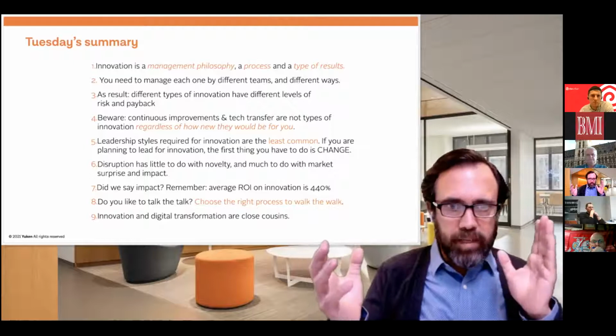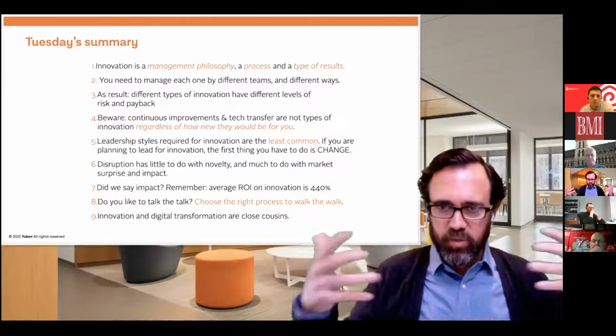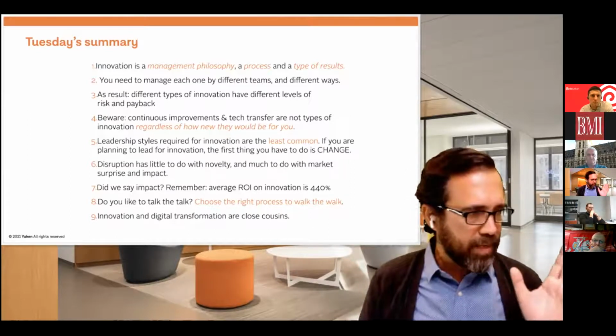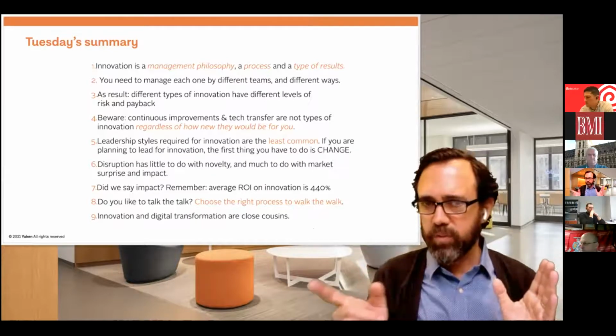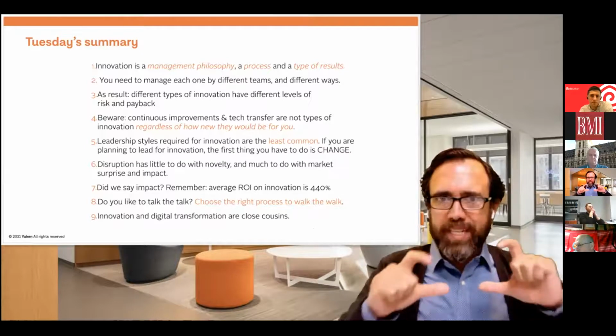Then in 95, 96, a lot of different companies started to use a new technology to change the way we work and do things. Going to what you're saying, Mark, between 95 and 2005, innovation and digital transformation were the same thing.